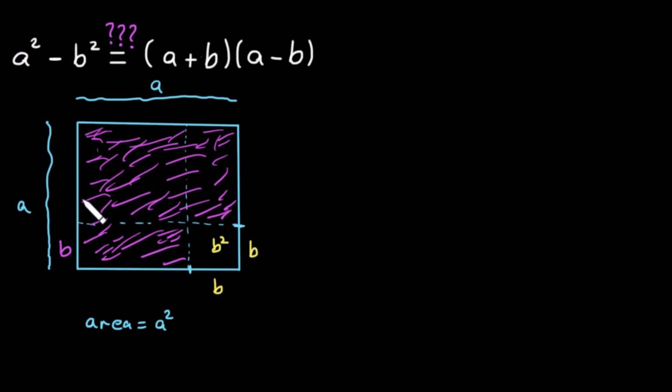And the whole length a minus this one gives me a minus b. The same thing here, a minus b. But I'm not interested in this. I'm interested in the area which gives me a square minus b square.